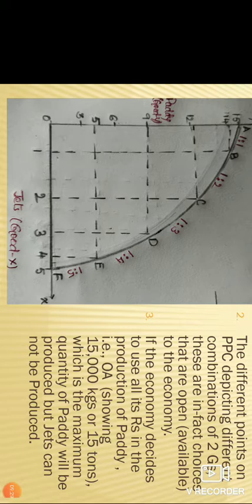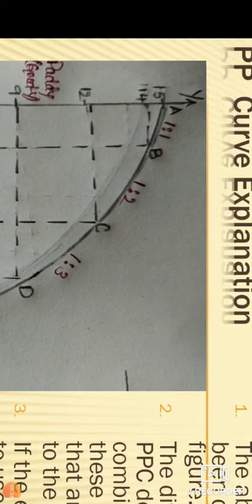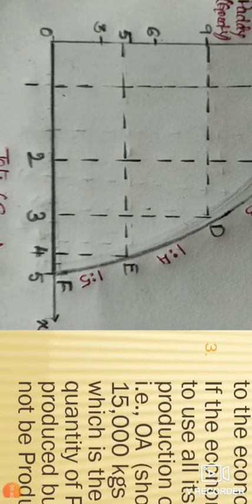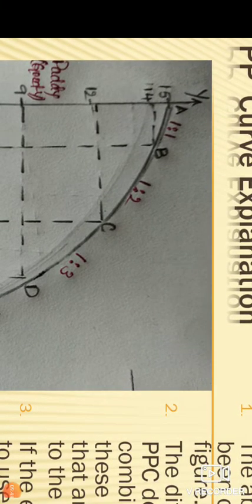So meaning to say, there are 2 combinations. They are called extreme combinations. That is, one is A, the other one is F. In the A combination, on the y-axis, only production of paddy happens, because all the resources are dedicated or allocated for the production of paddy.